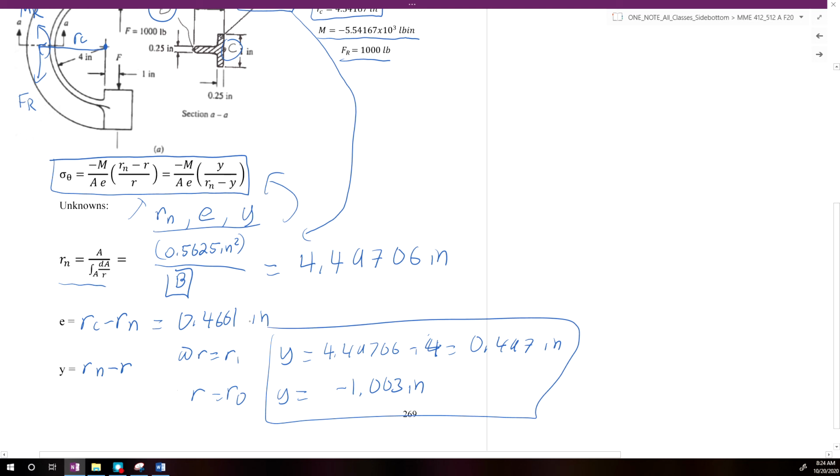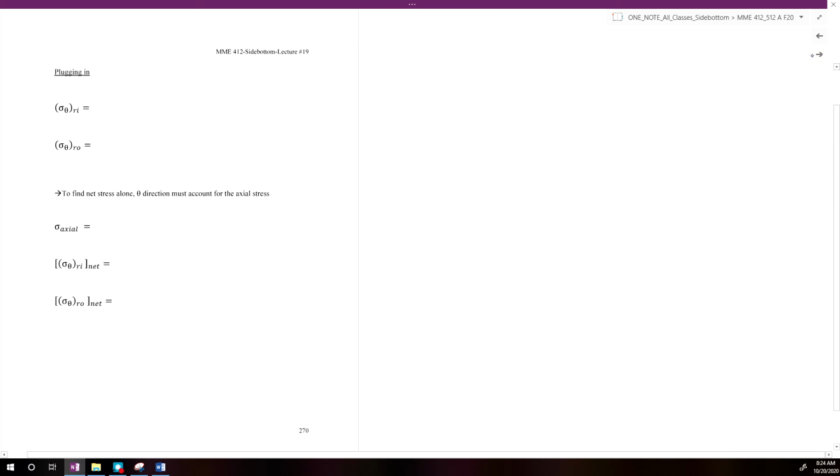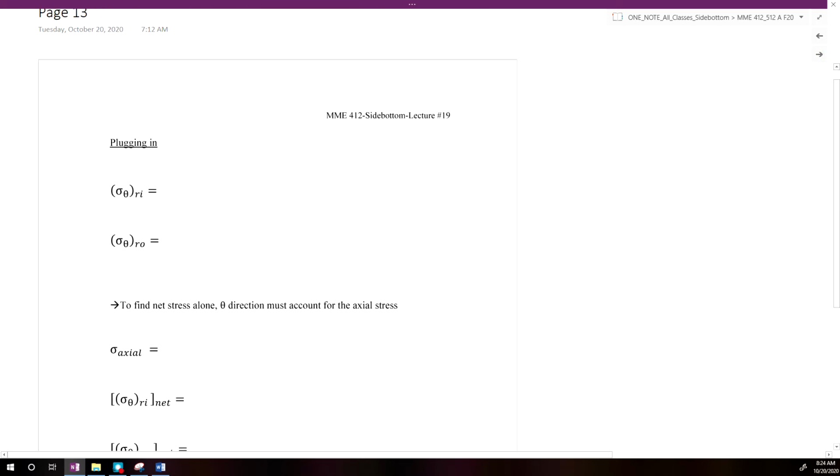Alright, so if we plug those terms into our equation here, if we plug our values in for our inner radius and our outer radius, at the inner radius our equation would be equal to negative the moment. Our moment was equal to 5.54 times 10 to the third pound inches, times 0.497 inches.